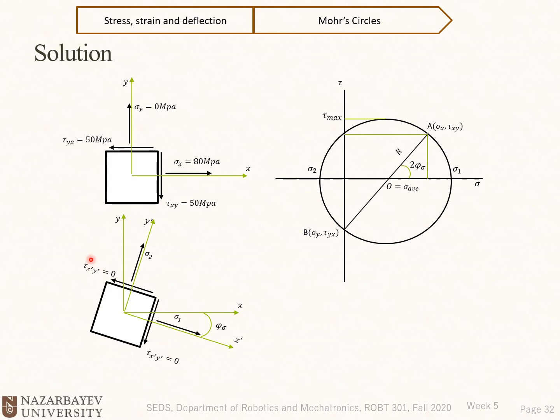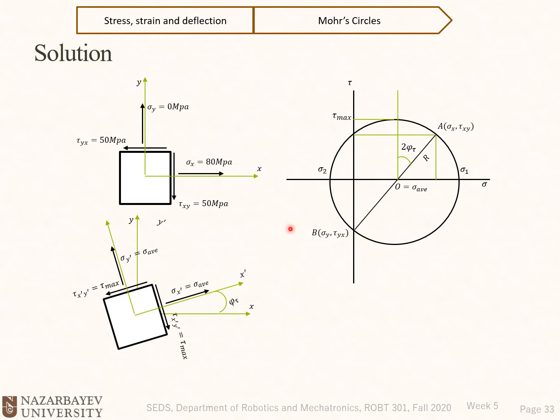Both of them are 0. Based on the definition of principal normal stresses, this happens when the shear stress is 0. So now we have the principal normal stress element, and the principal normal stresses are sigma 1 and sigma 2.